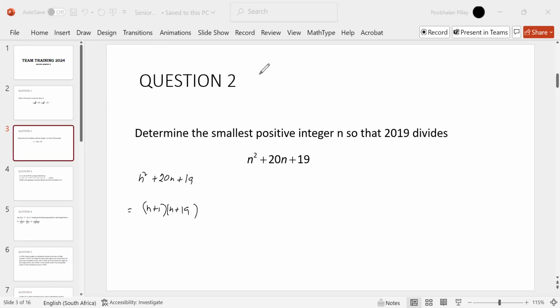Now, I think I mentioned that when you write down factors, there's a nice way of writing them. You just put a vertical line, and you read it as 3 is a factor of 6, or 7 is a factor of 35, and so on. A vertical line, you read it as "is a factor". So you are told that 2019 divides this, which is the same as saying that 2019 is a factor of n plus 1 into n plus 19.